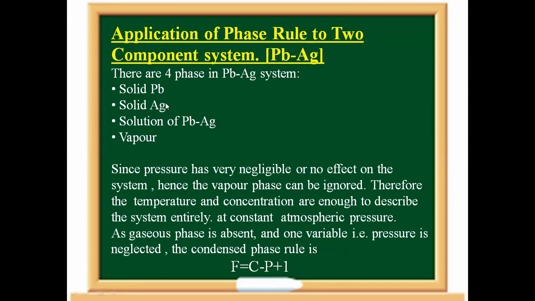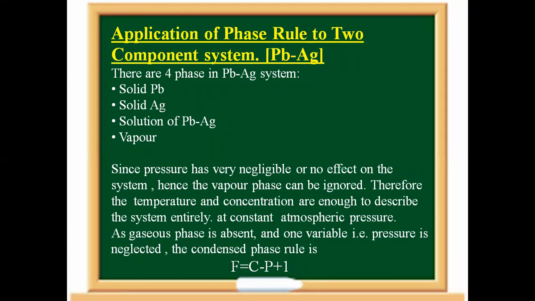So when they react, they will form a solution of lead and silver. So first they have to be melted, after melting they have to be cooled, and after cooling it will take the desired shape. Correct. So here the temperature is there, how much amount of lead has been used, how much amount of silver has been used, and how much composition of lead and silver has been formed in the end. All that matters is related to the composition and temperature.